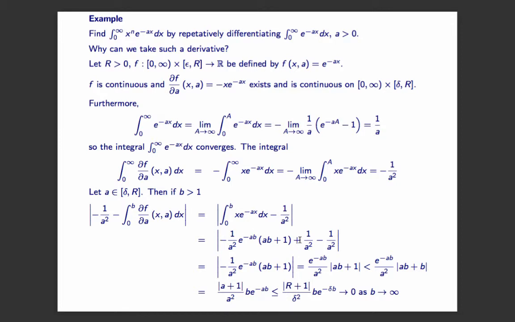I would get this, right? I get a plus 1 over a squared minus 1 over a squared. So this cancels. So I have this here, but remember, I need to get rid of my a. Okay, I can factor out an a, but I need to show that this is bounded by something independent of a.